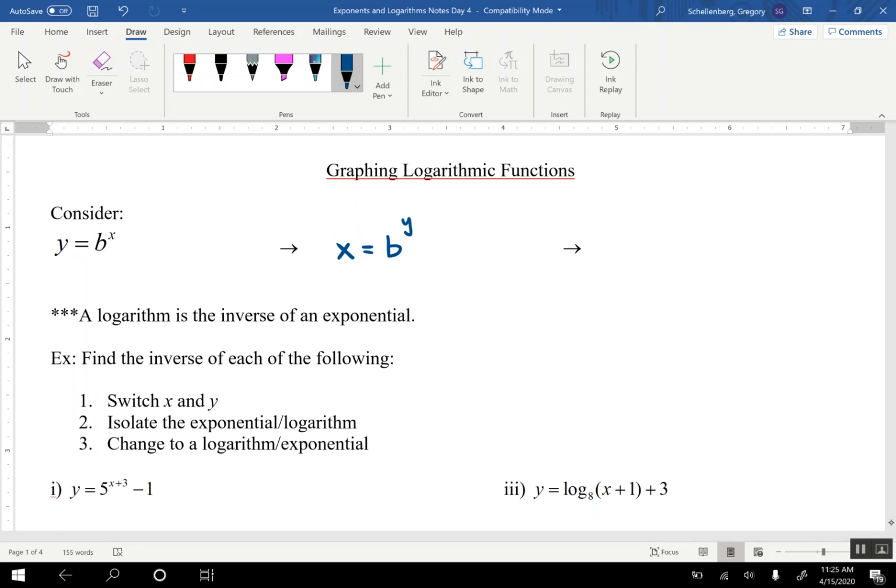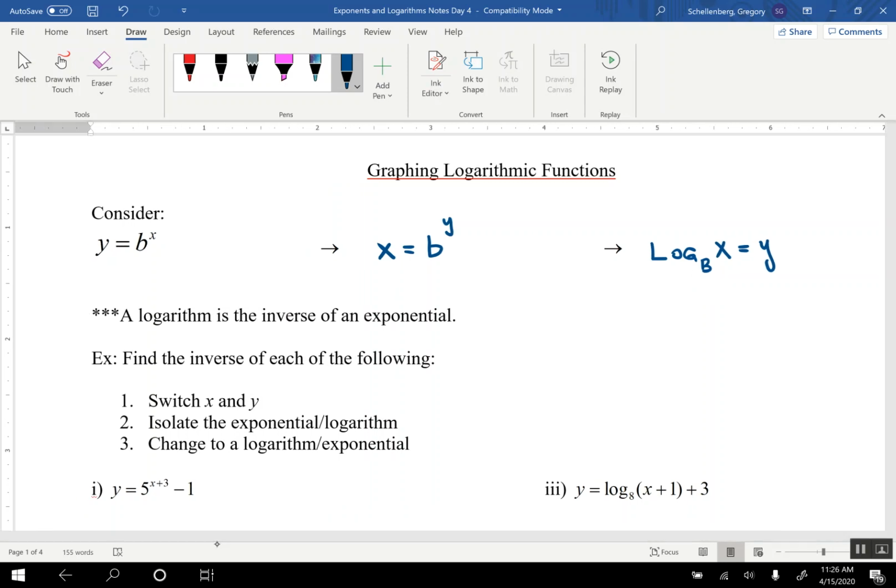So the base of the exponential becomes the base of the logarithm. So this is going to become log base b of x is equal to y.